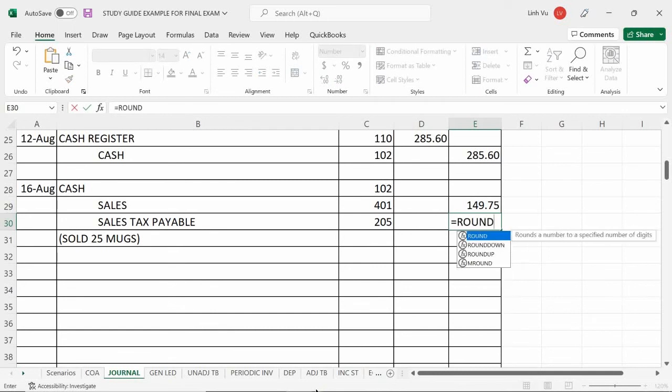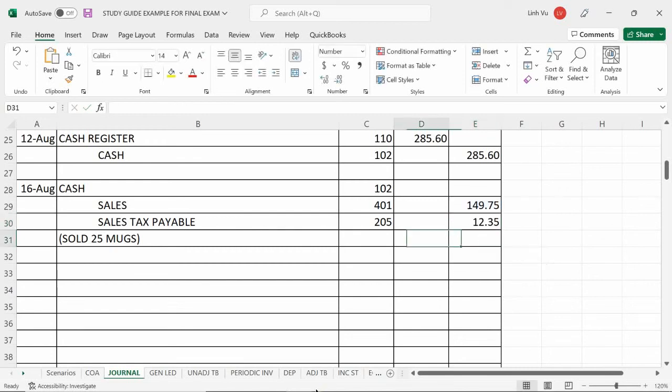Mine came out to be $12.35. Good. So how much cash did I collect? $162.10. Good. Okay. So now we completed our sales. Now we need to plug it into our ledger.